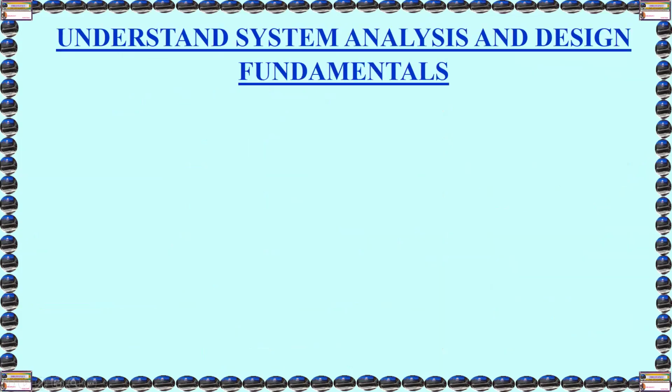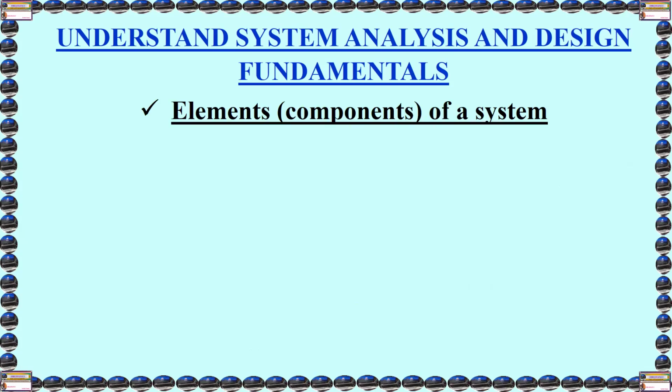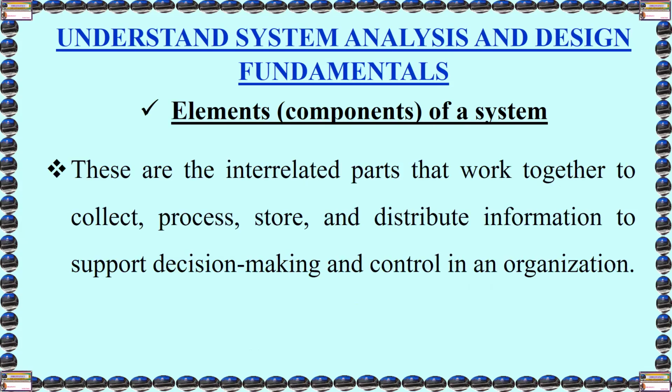Now, this subtopic is under the topic Understand System Analysis and Design Fundamentals, which is the first topic in this course. And therefore, we are going to look at elements or components of a system. So what are elements or components of a system?